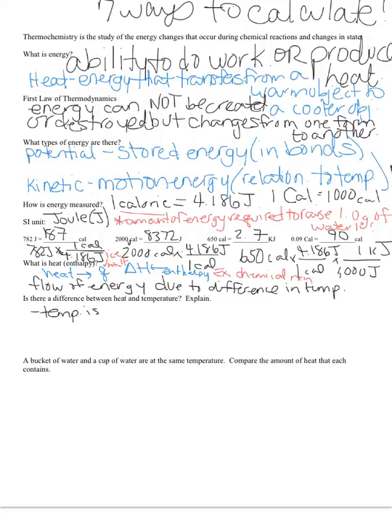Temperature is a measurement of random motion of particles in a substance. It's something you read from a thermometer, and what you're reading is the random motion of particles within a substance and how fast or how slow they're moving.